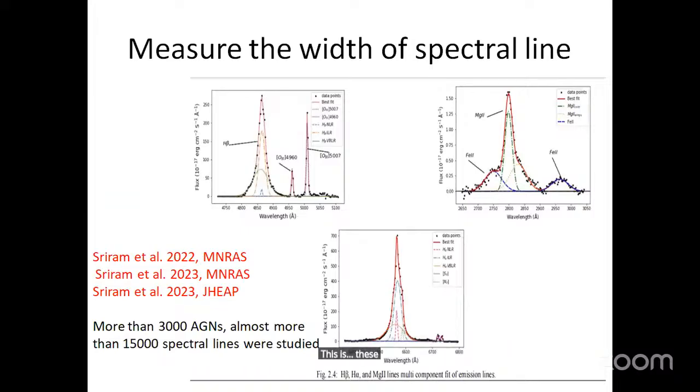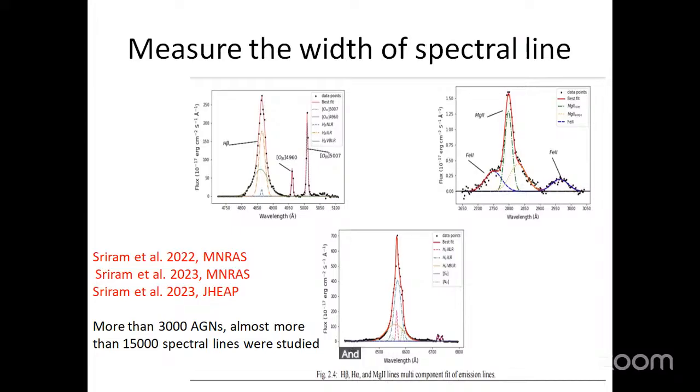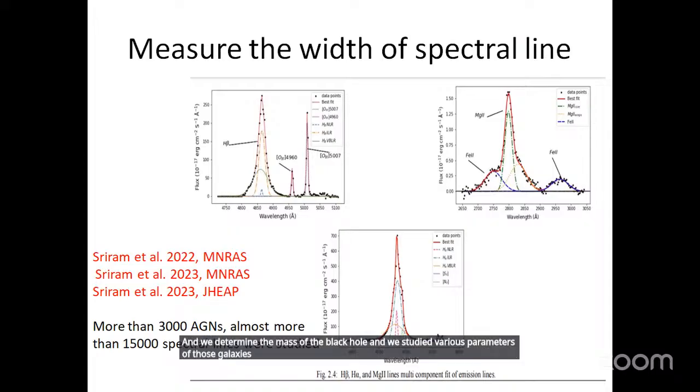These are my works from 2022 and 2023. We studied almost 3000 AGNs, active galactic nuclei, that is basically supermassive black holes where a lot of X-ray or optical emission is coming from. We analyzed almost 15,000 spectral lines, determined the mass of the black holes, and studied various parameters of those galaxies and their activity.